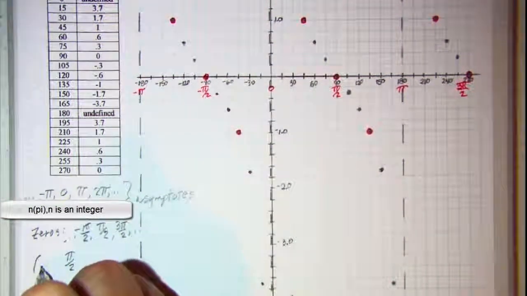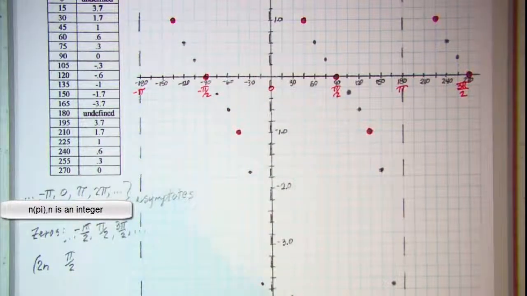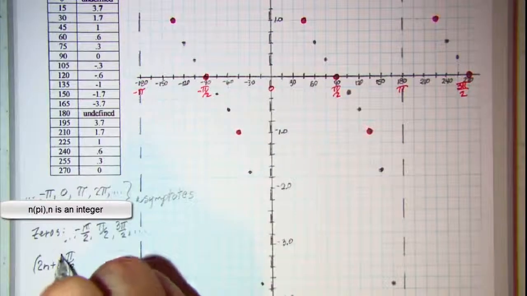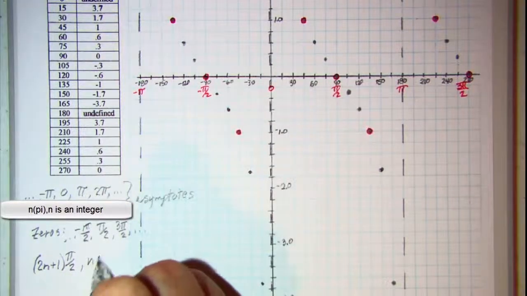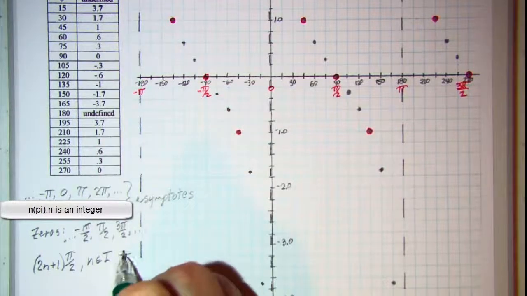So I show an odd number by taking 2n, which is guaranteed to be even, and adding 1 to that. So 2n plus 1, that quantity, times pi over 2, where n is an element of the set of integers. This is my zeros.